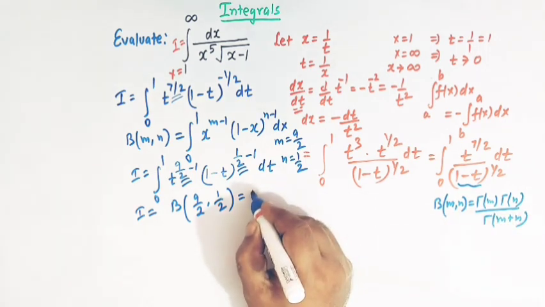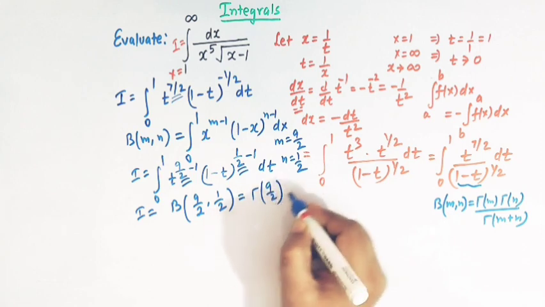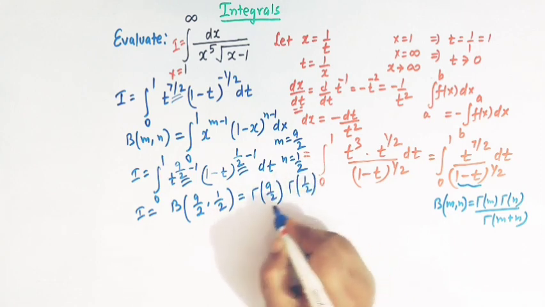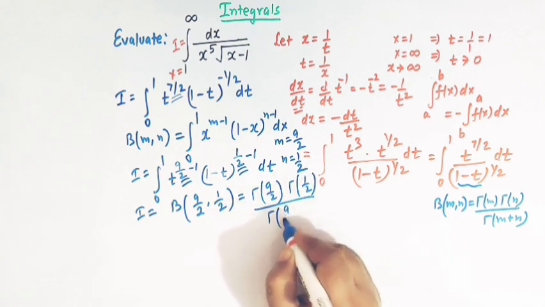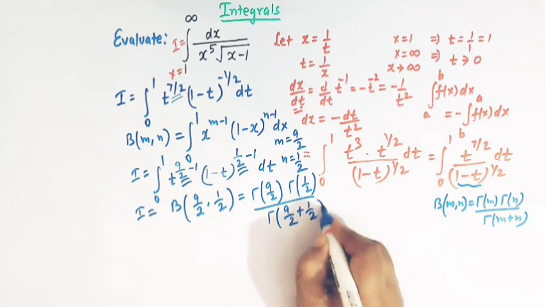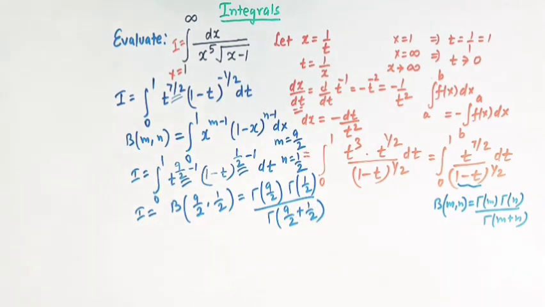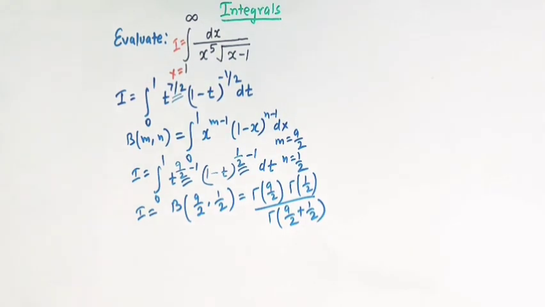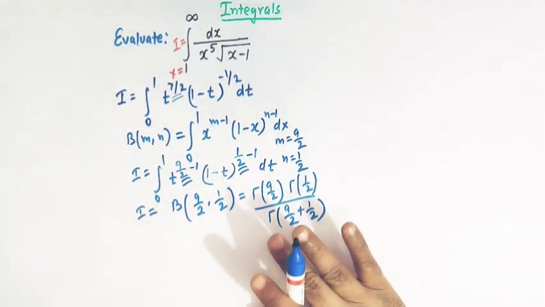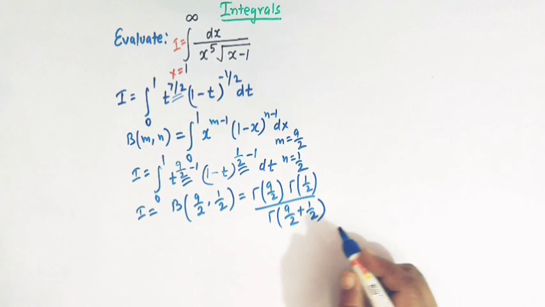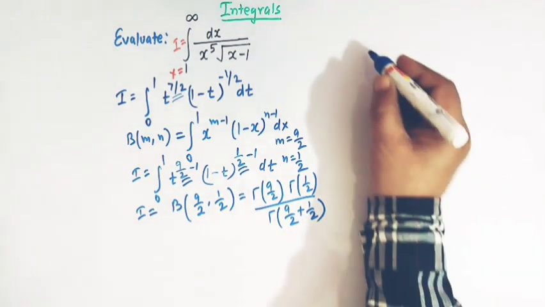right? So here we have gamma of 9 by 2, gamma of half, and here we have gamma of 9 by 2 plus half, right? So now here also we can make use of one important relation from gamma function.